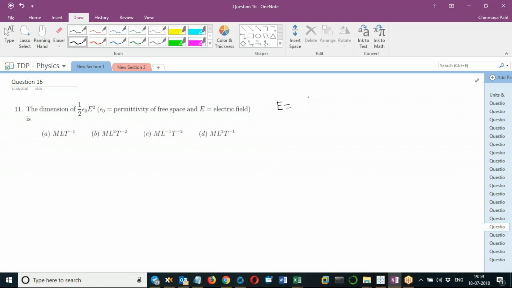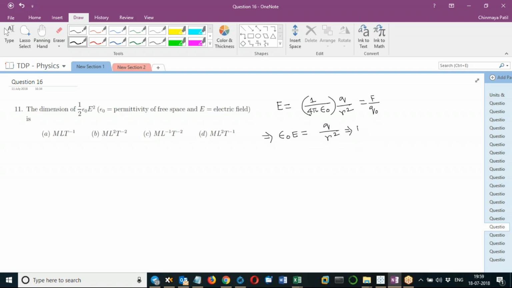E is equal to 1 by 4 pi epsilon 0 into Q by R square. That is also known as F by Q0. So from here you can write epsilon 0 into E is equal to Q by R square.